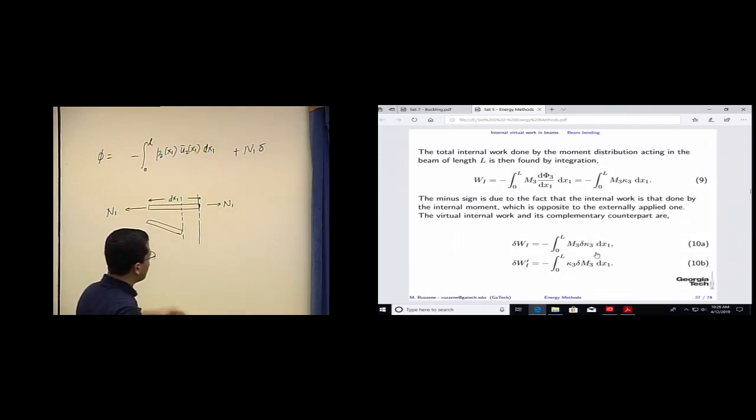So the work done by this force N1 is going to be the force times displacement, and that displacement will be this component of the total displacement, right, delta.